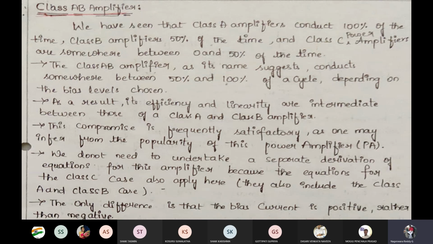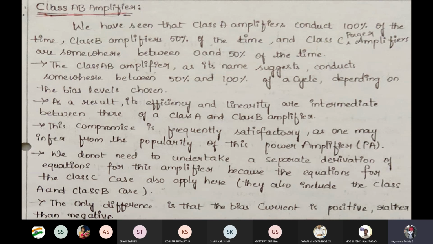The efficiency of class AB amplifier is in between the class A and class B amplifiers. The linearity is also in between class A and class B. The bias current of class AB amplifier is positive.